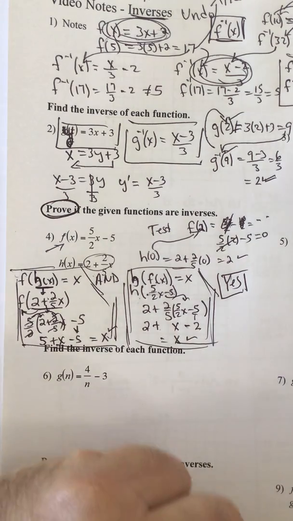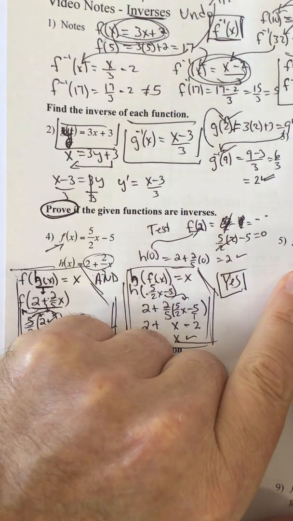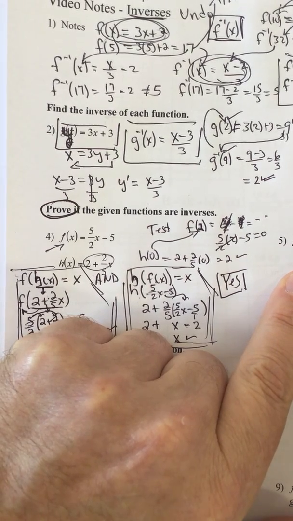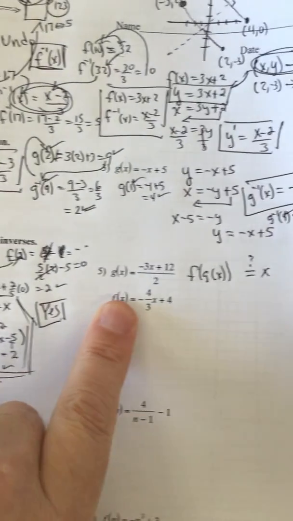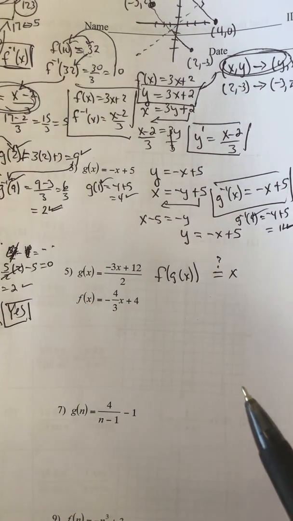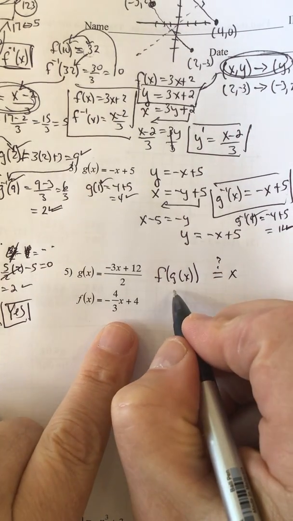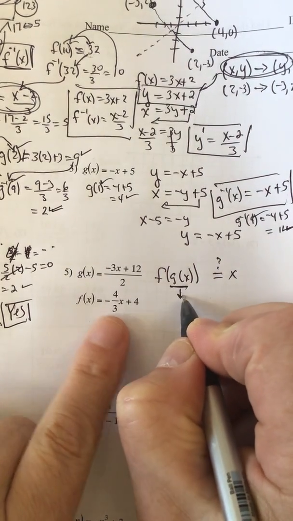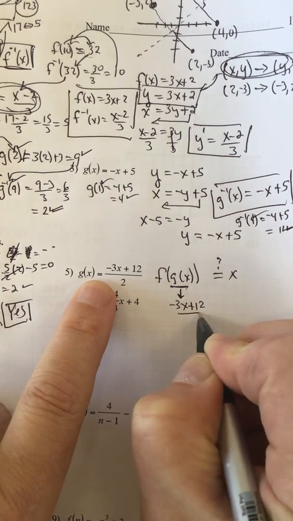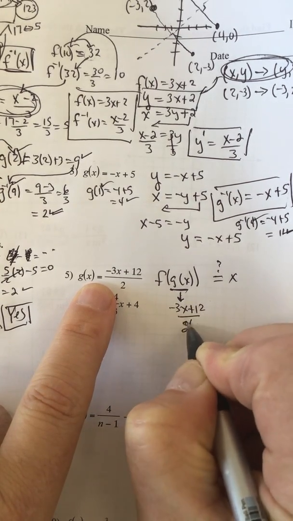Let's try that again with number 5. Okay, I need f of g of x, and I'm wondering if that equals x. Okay, here's the g of x. That's this one right here, negative 3x plus 12 over 2.